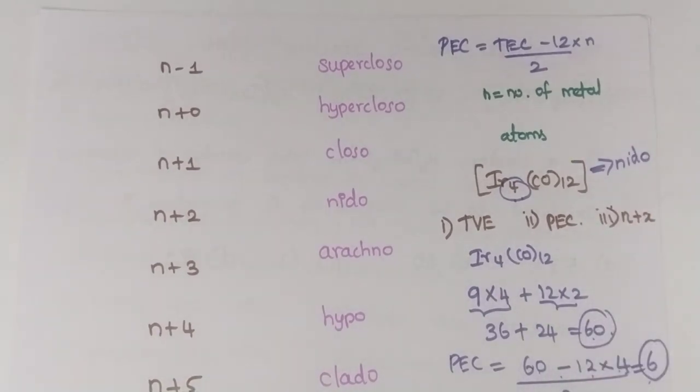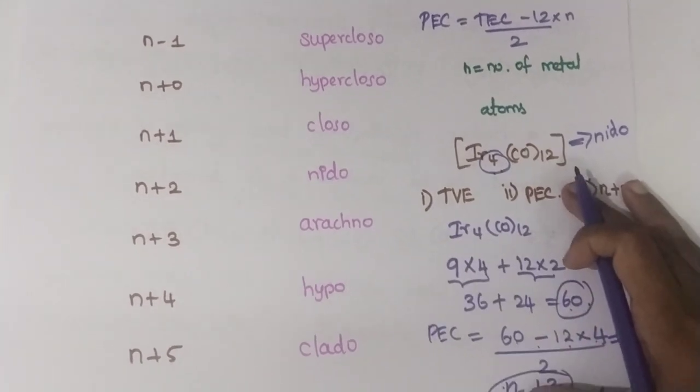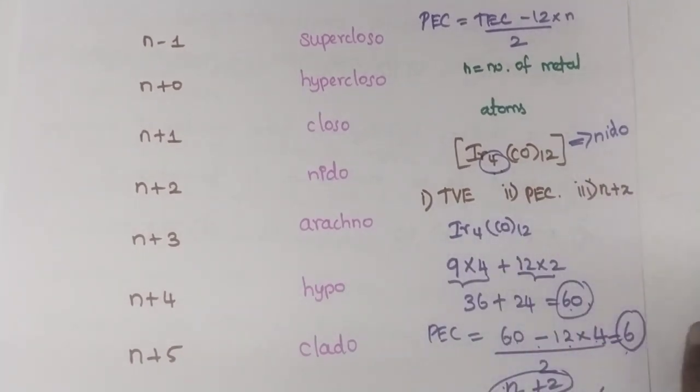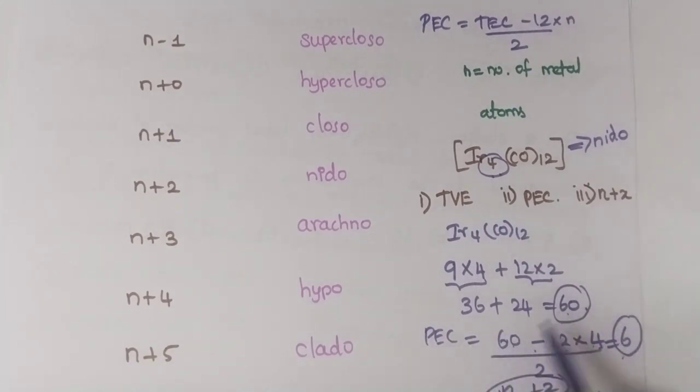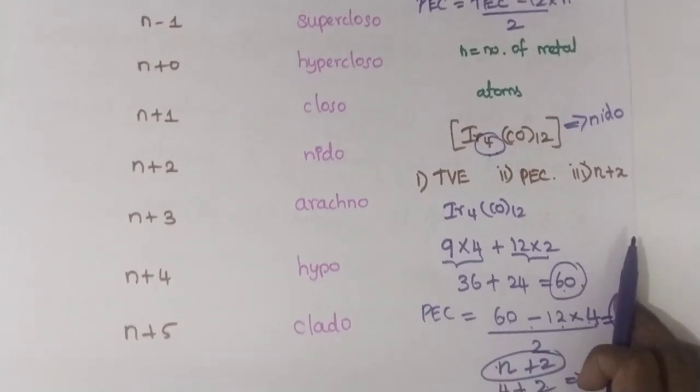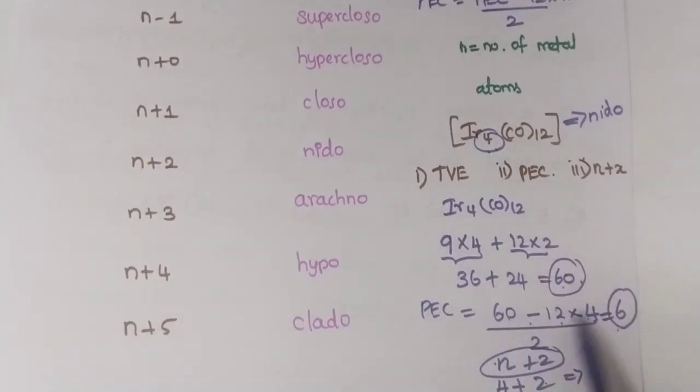It is very simple. First of all, you have to find out the total valence electron count. For that, you have to take the valence electrons of the metal and the ligands. After that, in order to find out the polyhedral electron count, you take the total electron count minus 12 into the number of metal atoms present, divided by 2.